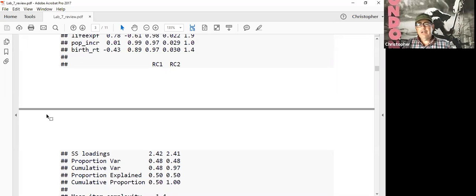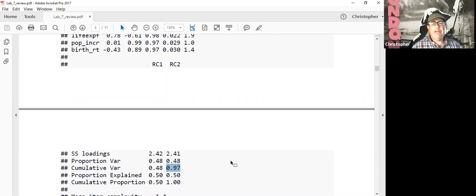Proportion var, that is what proportion of the total variability is being explained by this component. And you can see 0.48. Where we get that, that's just 2.42 divided by the number of components, which was 5. Similarly, 2.41 divided by 5, about 0.48. Cumulative var, if anything, I'm probably going to present this one along with the eigenvalues.